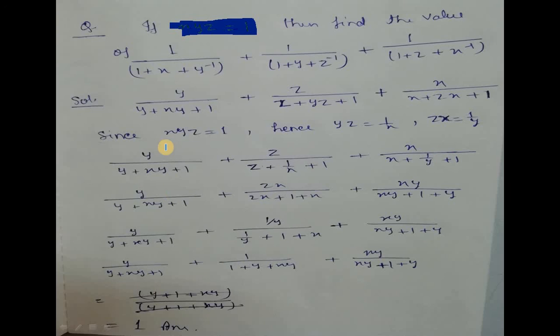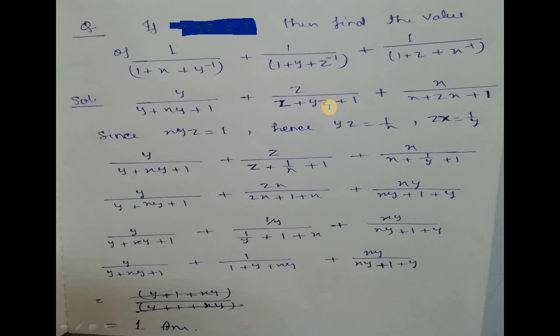After that, since xyz equals 1 is given, what would be the value of xy? Now, one more thing to understand, to solve this kind of question, your focus should be on having an equal denominator. So this is one expression. Now, when you solve this, here you can see, this is the simplified form.